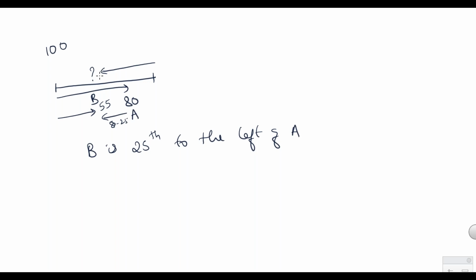See how to find the position of a person from one end. Here I am finding the position from right hand, so it is total minus position from left hand, because we know position from left hand. From total 100, if I subtract these 55 people, have we excluded B or included B? We have excluded B, right? So B has gone in these 55 people.